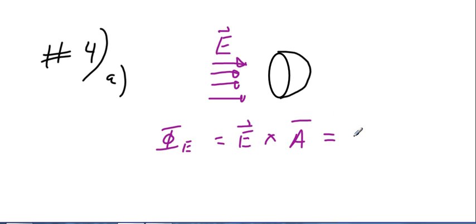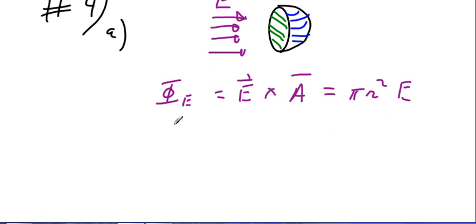That's pi r squared, so it'd be pi r squared E. That would be the flux through the hemispherical surface. Even though I'm not considering that surface at all, I'm just considering the surface of that circle. Whatever flux goes in the circle has to come out the hemisphere. Therefore, that would be the answer to part A.